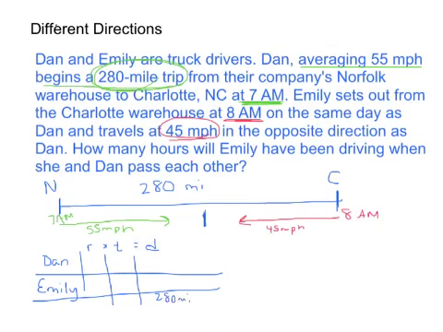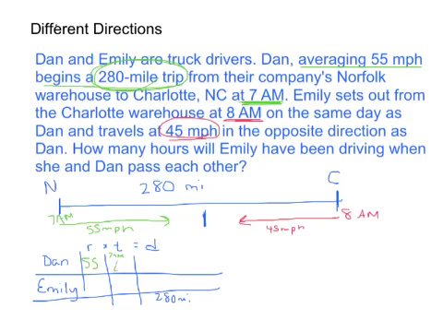If I fill in the information, Dan is at 55 miles per hour. He leaves at 7 a.m. Now be careful. Even though this is a time, it doesn't tell how long he's been traveling for. He just leaves at 7 a.m., and is traveling for 4, 5, 6 hours, I don't know.